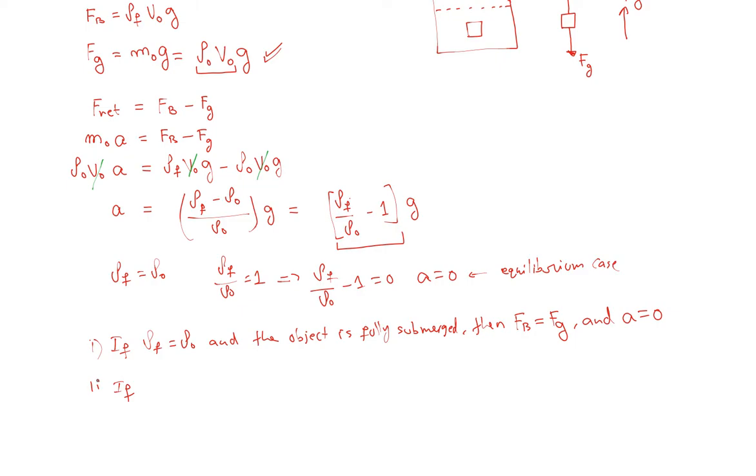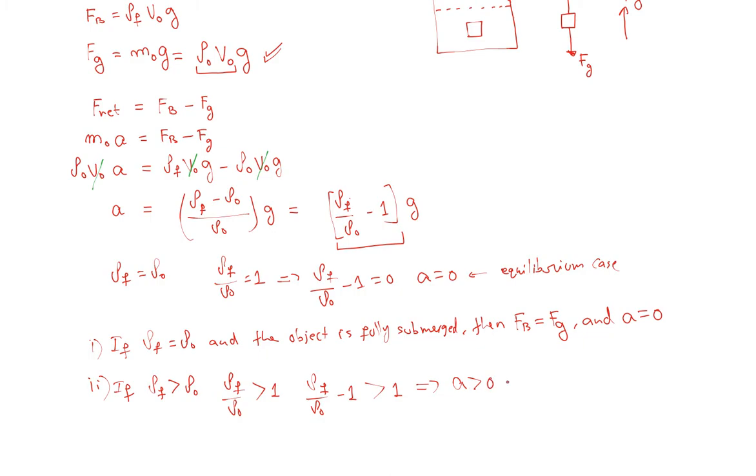The second is, if rho of fluid is bigger than rho of object, in that case rho fluid over rho object is bigger than 1, and then rho fluid over rho object minus 1 is positive. Okay, from which follows the acceleration is positive.